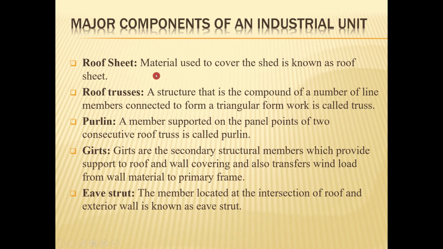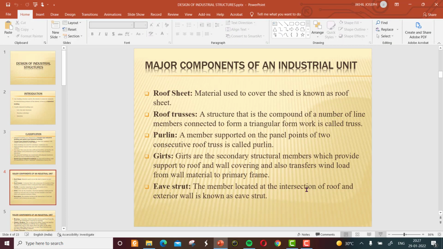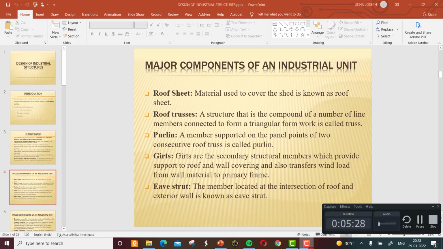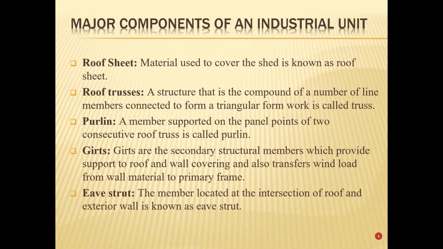The roof sheet is the material which is used to cover the shed. So it's the topmost portion of any industrial building, and the roof truss is the structure. Roof truss is the structure that is a compound of a number of line members connected to form a triangular form called a truss.